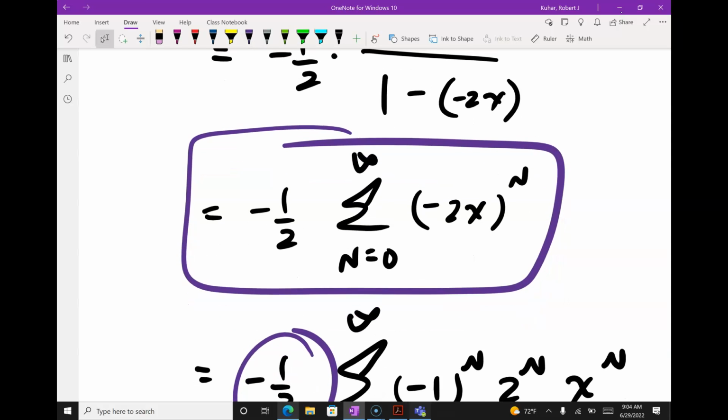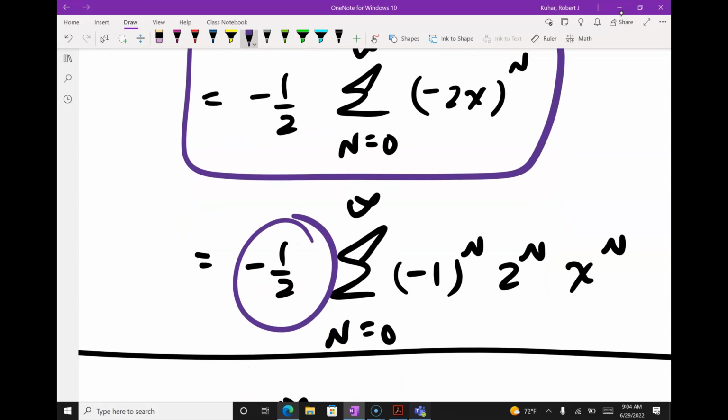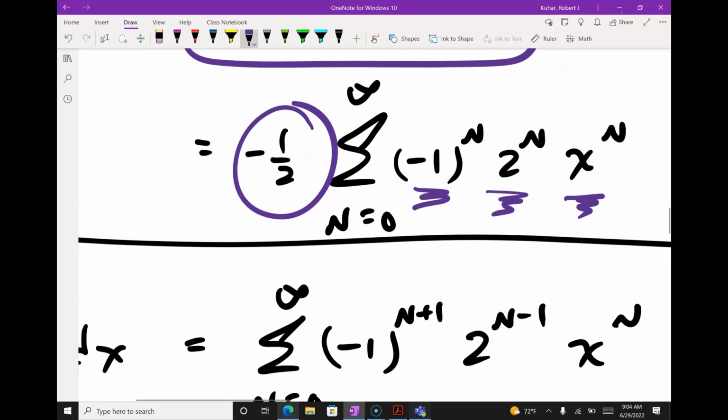All right, so now I want to simplify. I want sign, coefficient, x term, right? So I still have the -1/2, and then the sign plus or minus, the coefficient, the x term. But I can bring in the -1, so that's an extra factor of -1.